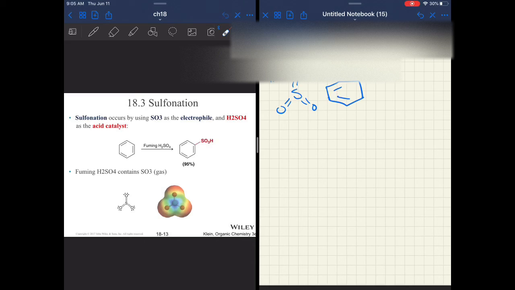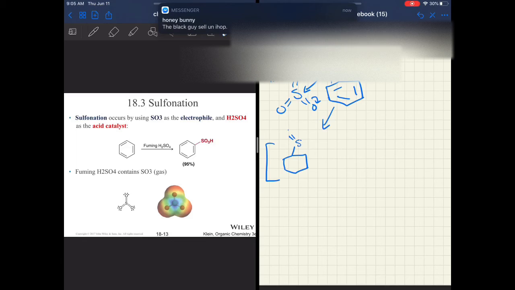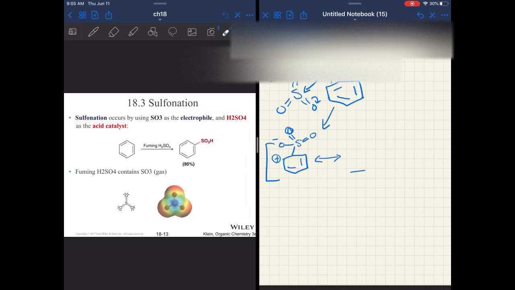And then everything looks very similar in the second step. We're going to attack. I'm going to point down this way so I have room to draw my sigma complex. Then we have S, and I'm going to abbreviate this a little bit, O minus. We have our plus charge here. Then you are going to have your other two structures. I encourage you to practice making those on your own.